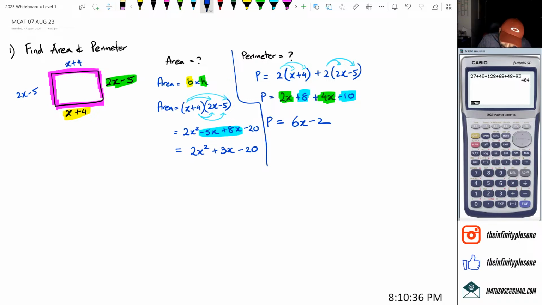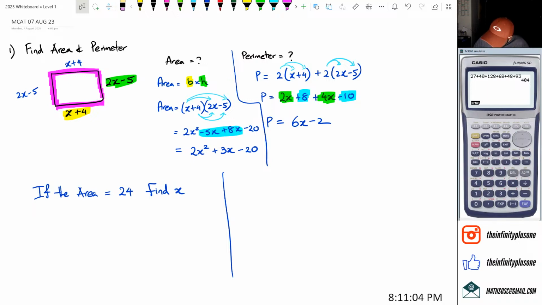24. Okay, so here's a question for you guys. If the area equals 24, find x. That's one part of the question, and the second part is going to be, quattro, what is it?